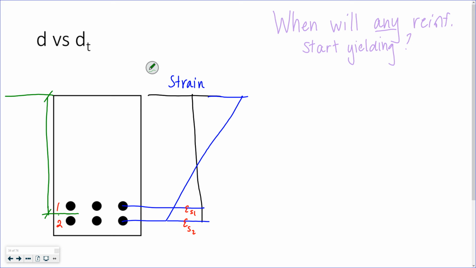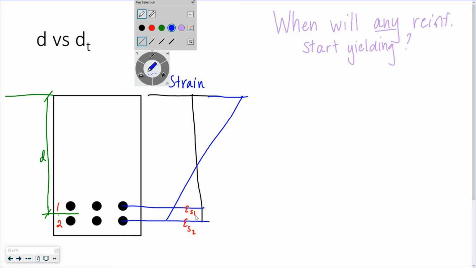The centroid would happen right in the middle, D. That's the effective depth.